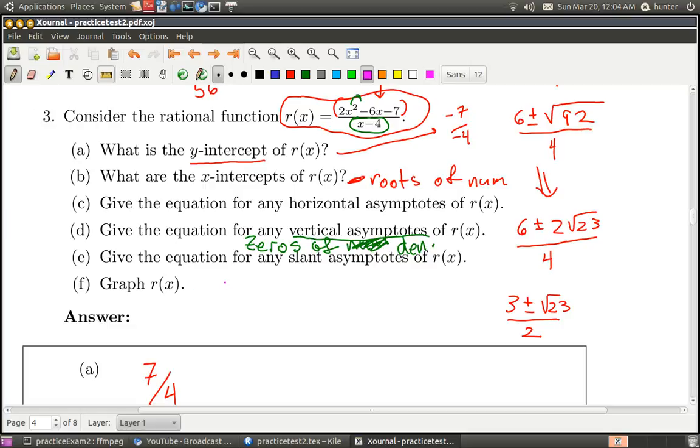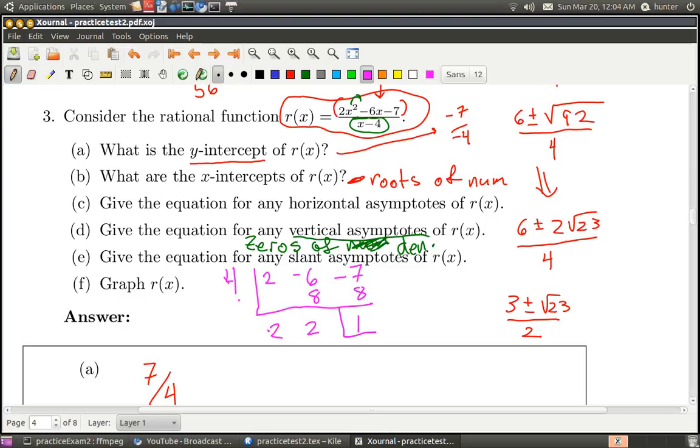What I want to do is send 4, still got this tool on, so I turn that off. I want to send 4 into the top polynomial, so 2, minus 6, and minus 7. And what happens? Bring down the 2. This gives me 8, this gives me 2, this gives me 8, this gives me 1.